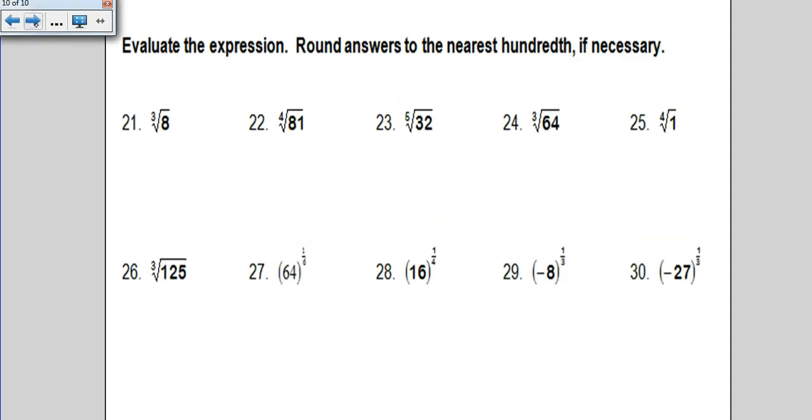This time they want you to evaluate. So they want you to come up with the actual answer, and if it's a decimal, you can go ahead and round to the nearest hundredth. So if you would like to do this on your calculator, that's fine. You'll either have to find the radicals under the math menu, or you'll have to change these to rational exponents.